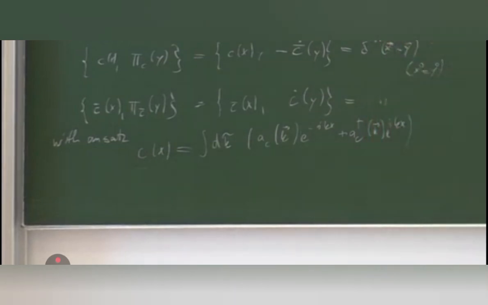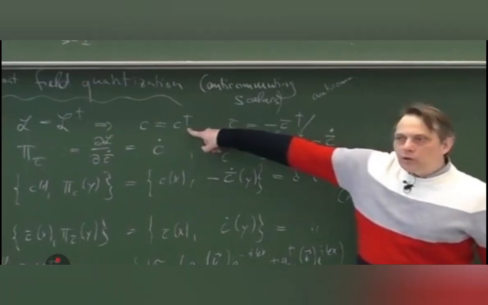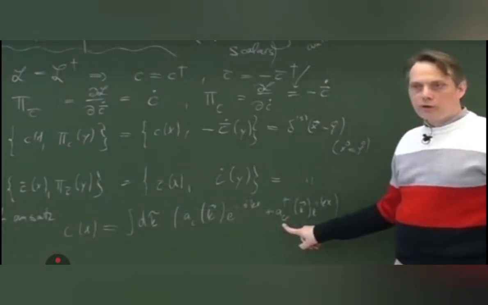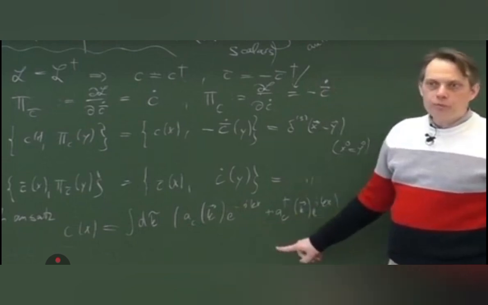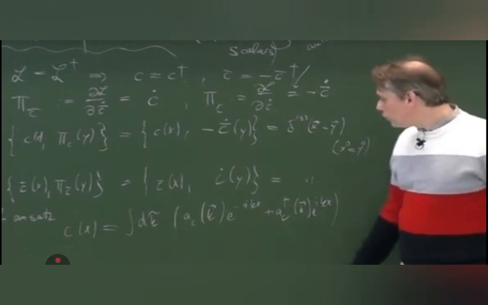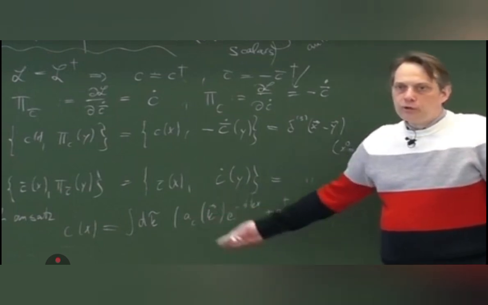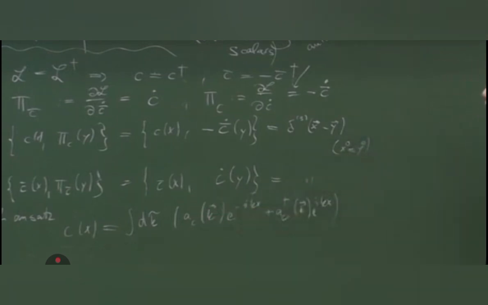And here I have manifestly implemented the hermiticity of our field operator by writing here A and the same A dagger, and in between we have a plus. Then this is manifestly Hermitian, and it's the most general ansatz, as we discussed in quantum field theory 1, which is at the same time Hermitian and satisfies the Klein-Gordon equation, which is obviously also a consequence of the quantization procedure.